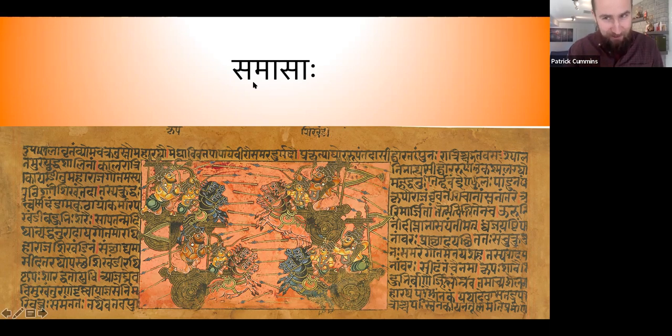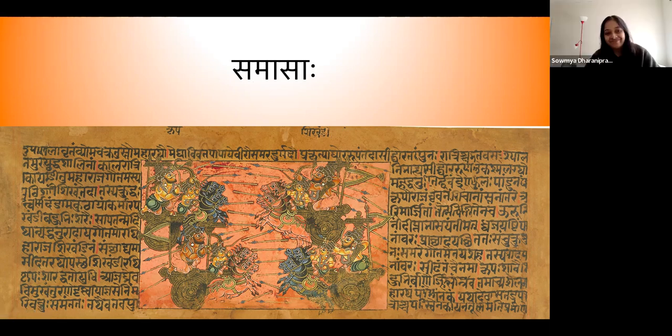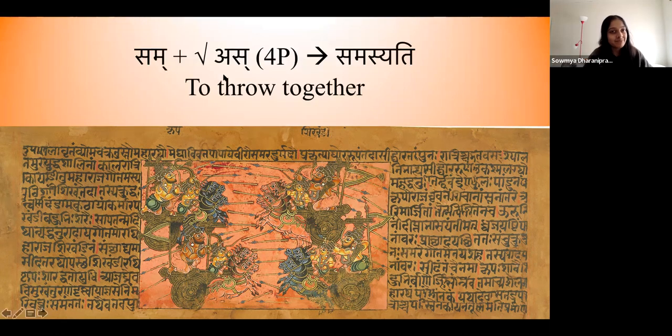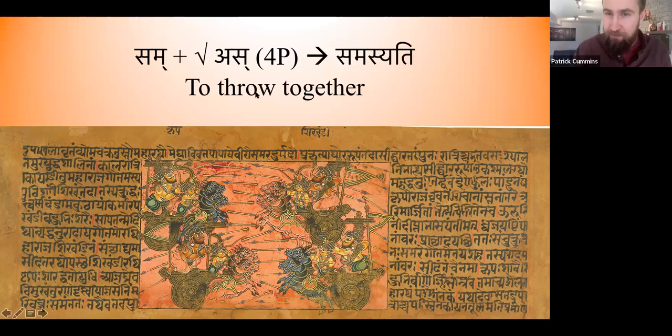Okay, I'll take that as a no. So it's from a root us, which means to throw. So asyati, not us as in asti, to be, but rather us, to throw. And so we would say to compound, to pound together, but they would say to throw together to refer to compounds.